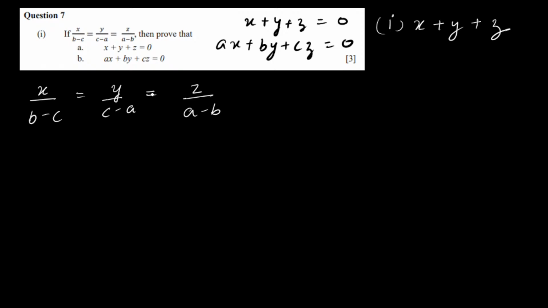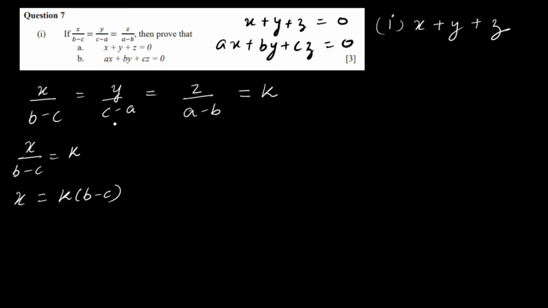Whenever one ratio is given to us as equal, see here three ratios are equal, so we'll assume it equals one common number. Let us say k. From here I'll get x by b minus c equals k, that means x equals k into b minus c.